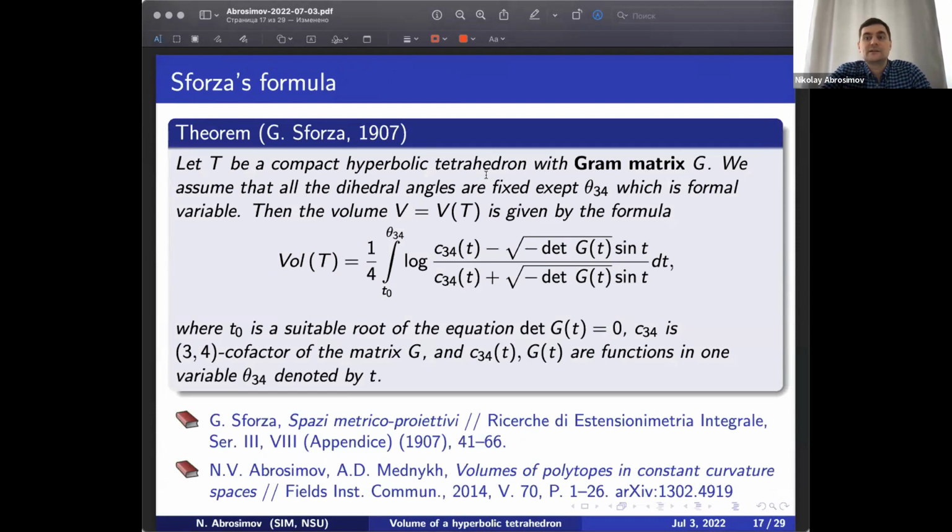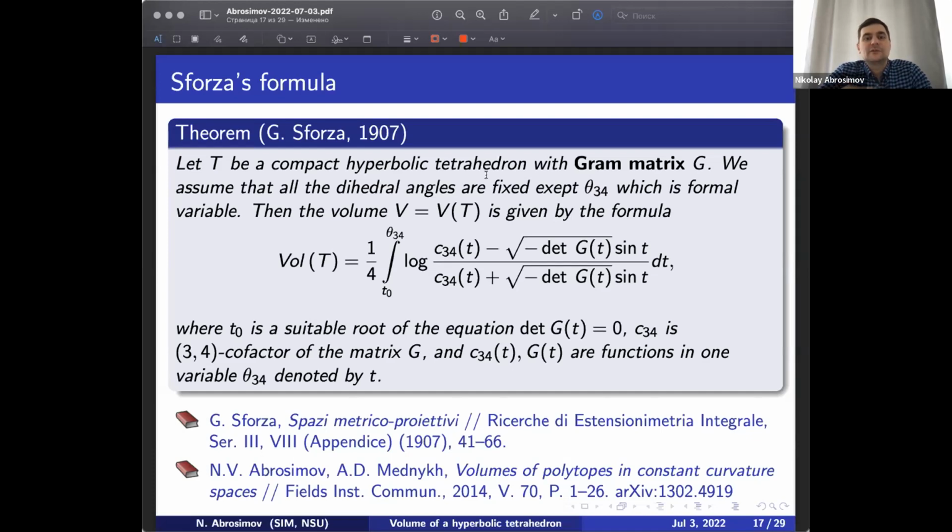It was surprising when we found that more than 100 years ago, Italian mathematician Sforza already found the formula for the volume of a hyperbolic tetrahedron of general type. That is a very nice formula indeed. So here we assume that all the diagonal angles are fixed except theta 3,4, which serves as a formal variable.